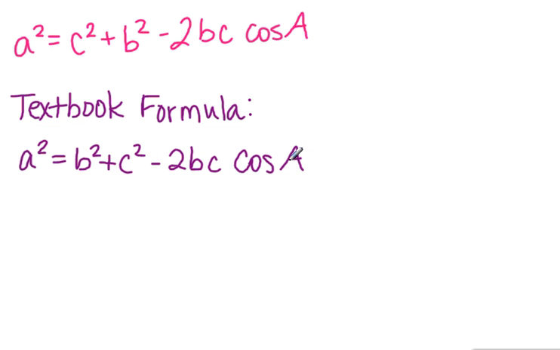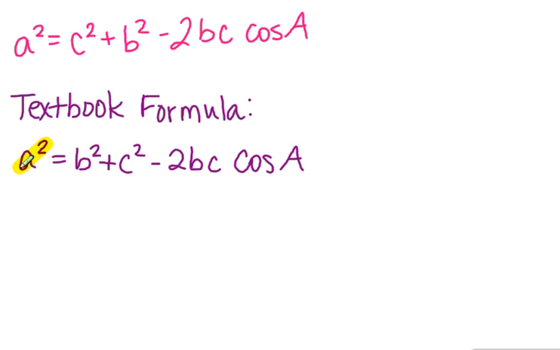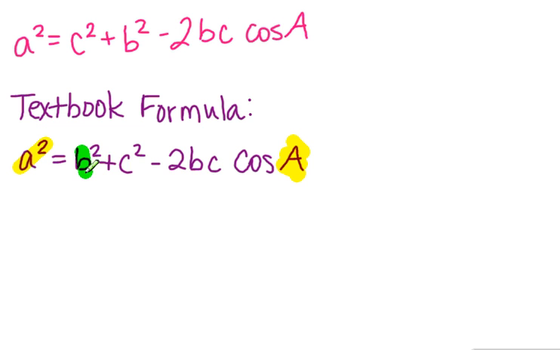Now I want you to notice something so you can remember it, because I'm not just going to give you the formula chart. Guys, if you've got a squared, it's cosine A. The other two parts, see how it's bc? It's always one of your letters plus the other two squared minus 2 times the same two letters, cosine of what you started with.